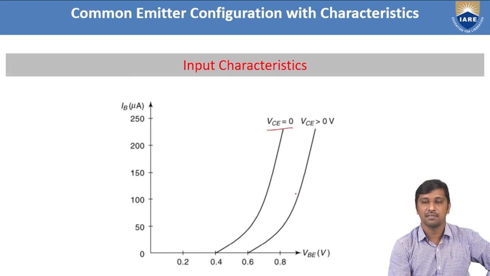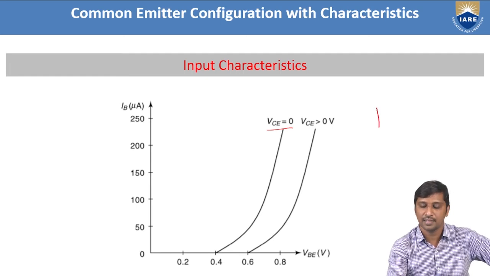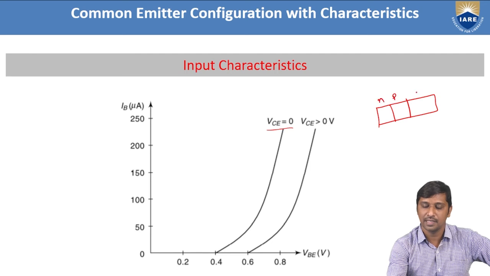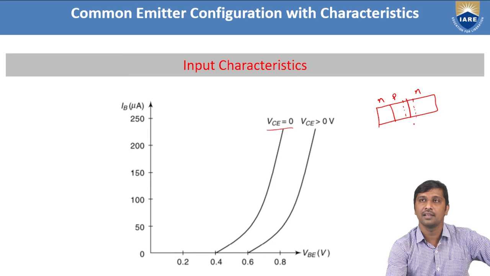But what happens when VCE is greater than 0? Take this NPN transistor: N, P, and N. The normal depletion region forms when VCE is 0.